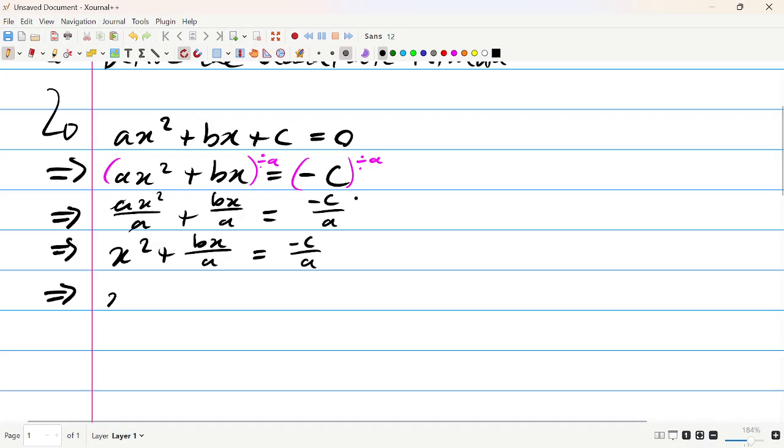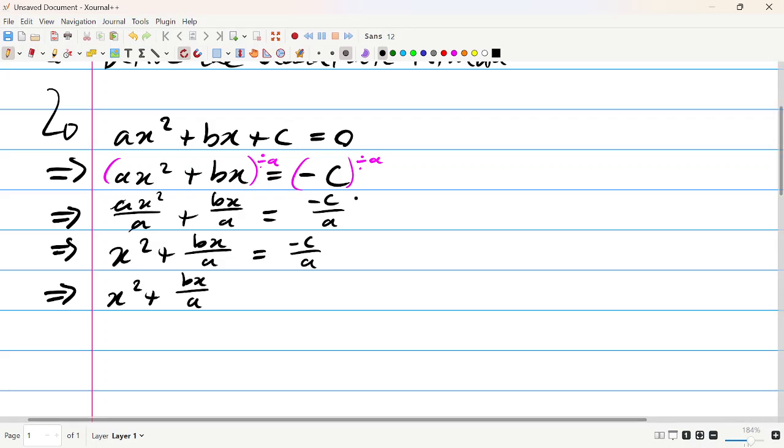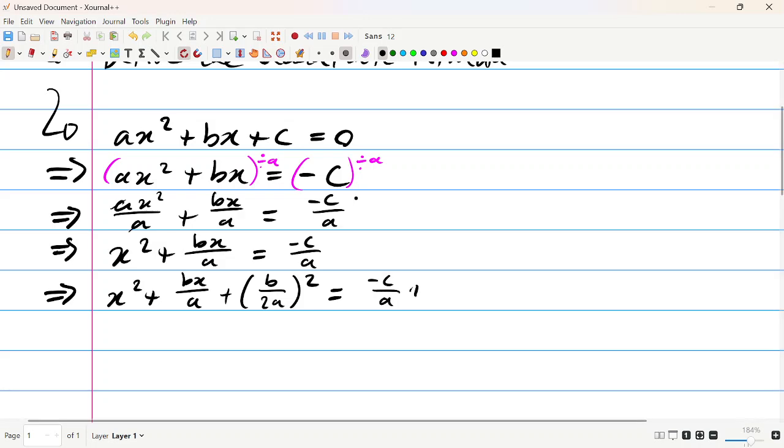Notice from completing the square, when we have x squared plus bx over a, we need to add to both sides b over 2a. So add to both sides b over 2a to the power of 2. And then on this side it will be minus c over a plus b over 2a raised to the power of 2.